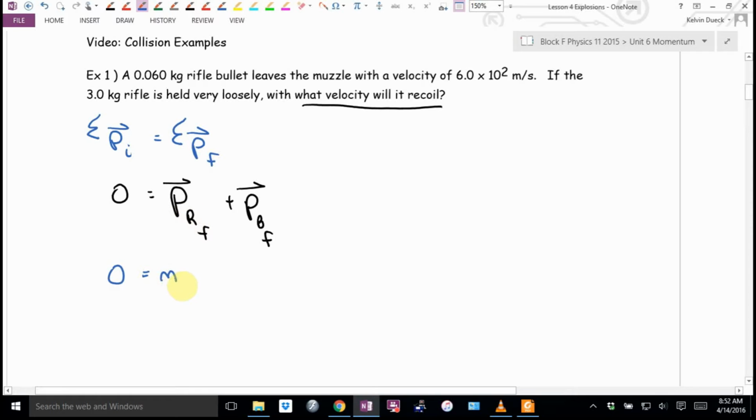Rifle is going to be mass of the rifle, velocity of the rifle, plus mass of the bullet, velocity of the bullet. I've even been lazy. I've dropped the finals because there's only one velocity anyway. There's not an initial velocity, so I'm in no danger of getting them mixed up. What did you say this question was asking me to find?